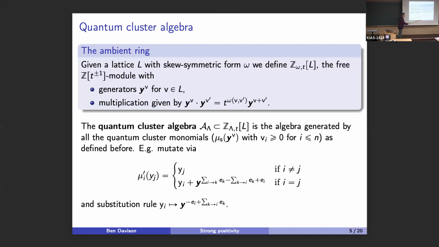But if some of these y to the ek's themselves have been replaced with two-term Laurent polynomials, and we start trying to write out things like this in terms of the original basis, that does involve dividing by a true Laurent polynomial, which feels doubly dangerous in this quantum Laurent polynomial ring.